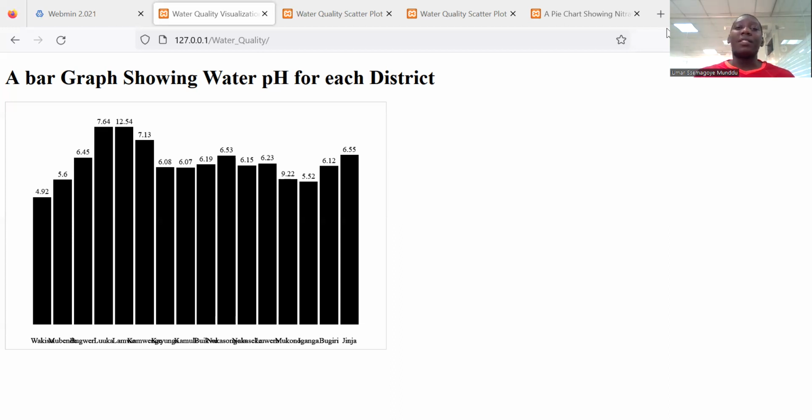So all these results came in from the laboratory tests for different districts and had different values. So what we are going to do today is look at how this data varies in terms of the visualization.